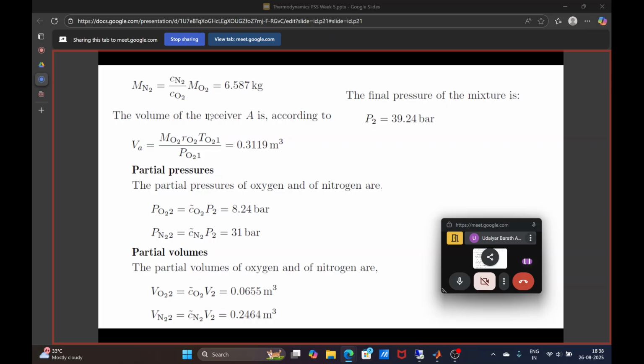The volume of reservoir A is then found with the initial condition of oxygen, using the ideal gas equation PV equals mRT. Volume will be mass of oxygen into gas constant of oxygen into temperature divided by pressure, which comes out to be 0.3199 meter cube.